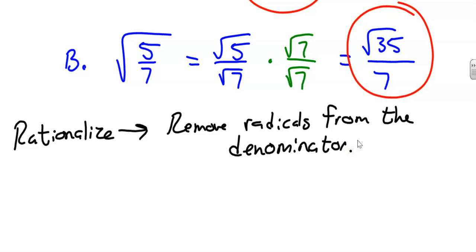That's all that rationalize means. The whole purpose of it is that if you start adding and subtracting fractions, it's a lot easier to add and subtract fractions with whole numbers than with radicals, because it just makes you think in a whole different ballpark. So that's the whole point of rationalizing.